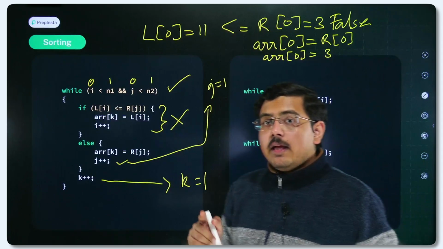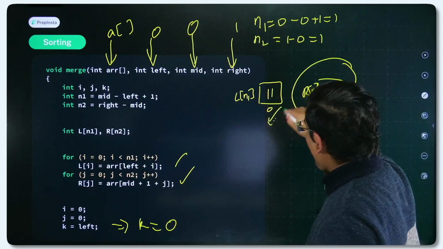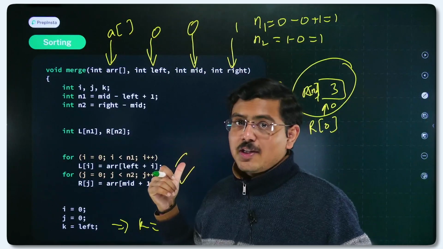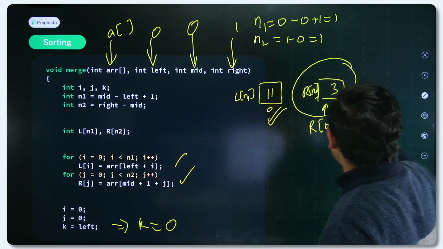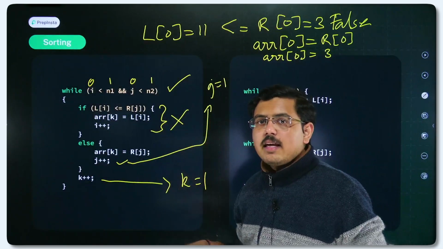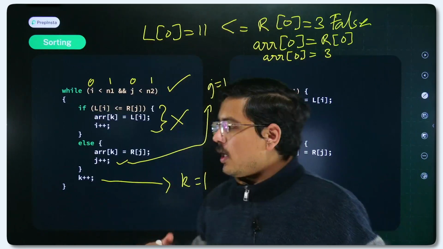Fine. Now if you carefully see, this element is filled, but this is not yet filled. So this is not yet merged completely, and our merge function hasn't completed yet. So let's see what's happening there. In this, after seeing the two arrays, there is a possibility that in one array the elements are left. So what will happen?